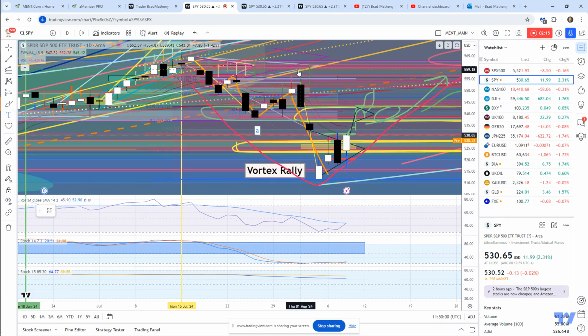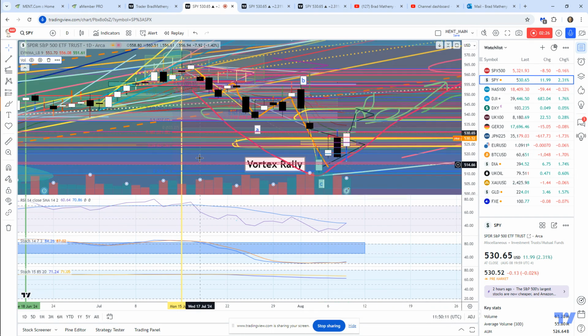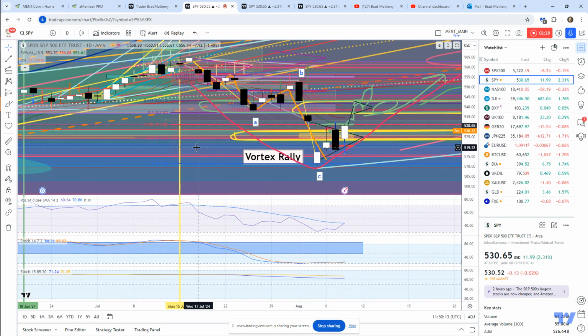This would be a B move here, a corrective wave, and this would be a C move down here. And that would give us a fairly clean construct for this rotation. And again, B to C being the largest wave makes sense in this manner, in my opinion. So now we have this corrective wave.